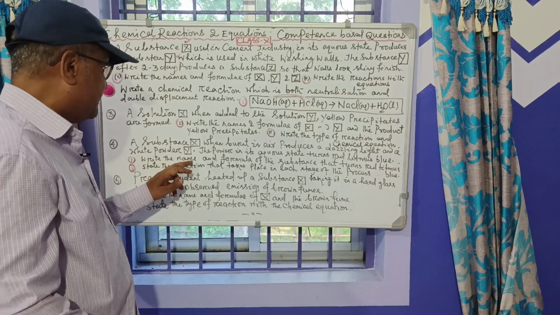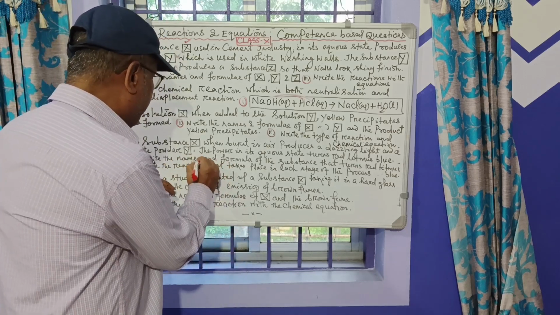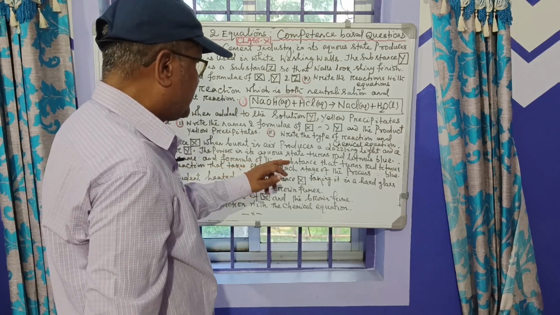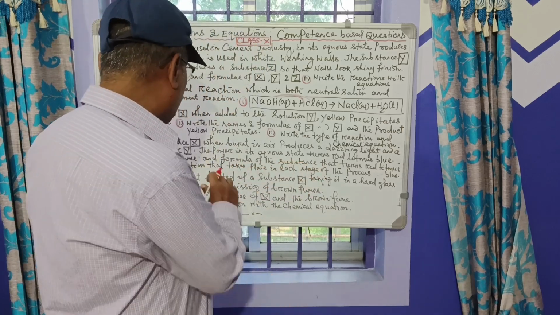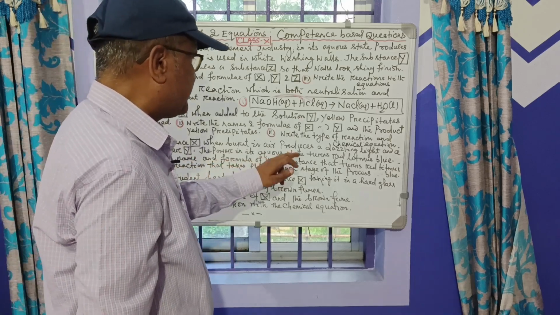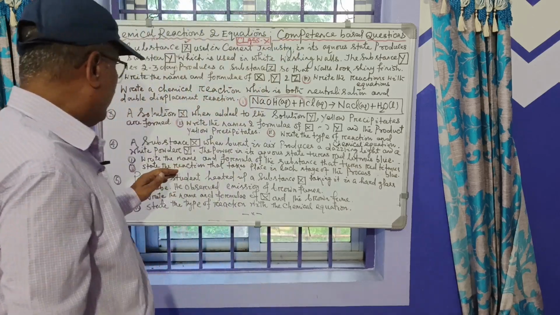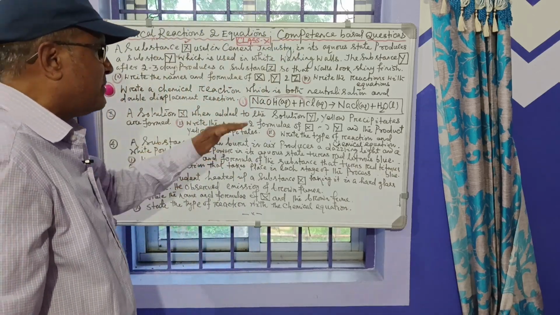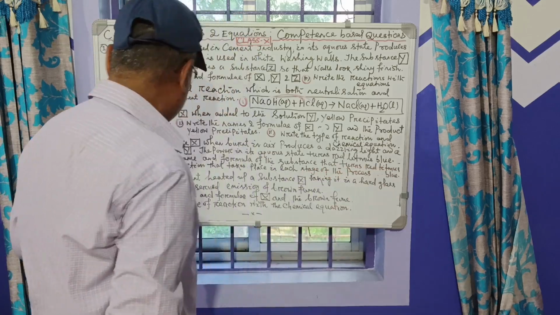Write the names and formulae of the substance that turns red litmus blue. So you have to write the name and formula of the substance that turns red litmus blue.